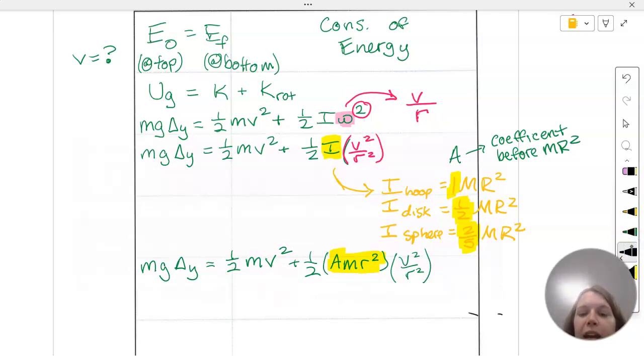So first off, in this term we have 1/2 times A times m times r squared times v squared divided by r squared. So we've got an r squared divided by r squared, and that would give us 1, a factor of 1.